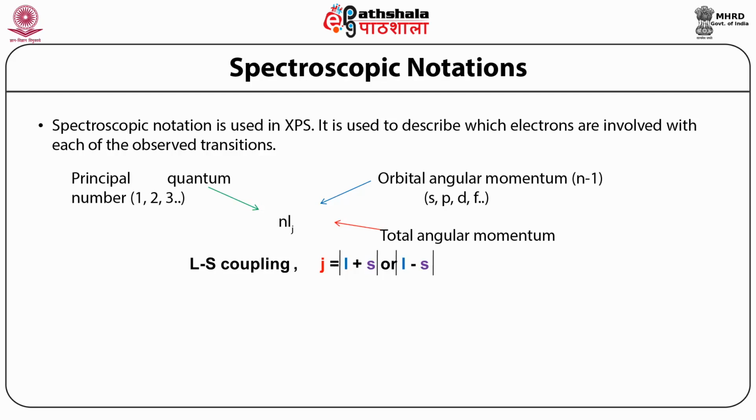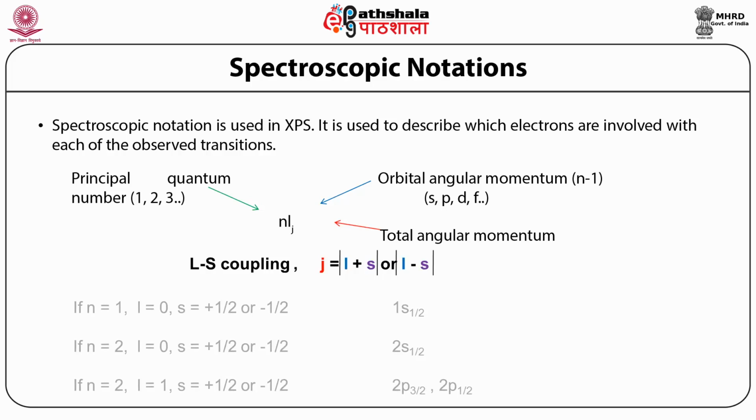The total angular momentum J is equal to L plus S. Thus, if n is equal to 1, L is equal to 0 and spin quantum number S is equal to plus or minus half, then J will be half, and it can be represented as 1s 1/2. If n is equal to 2, L is equal to 1, S is equal to plus or minus half, then J will be 3/2 and 1/2, and it can be represented as 2p 3/2 and 2p 1/2.